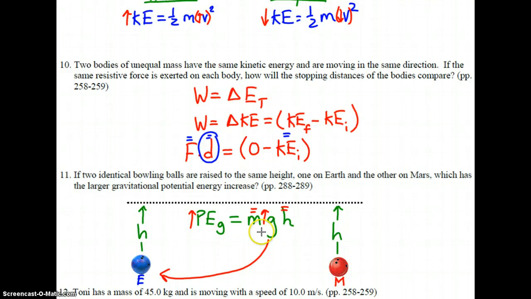You can see there's a directly proportional relationship between gravitational potential energy and the acceleration due to gravity. When we compare the Earth and Mars, the acceleration due to gravity on the Earth is greater because Mars has a smaller mass. So, since the little g value on Earth is greater, the bowling ball would undergo a greater potential energy increase on the Earth than it would on Mars.